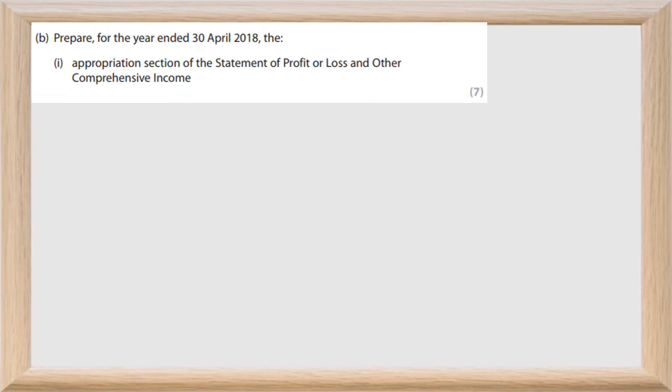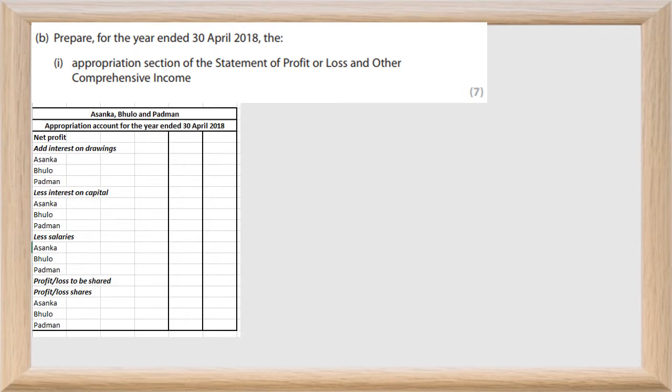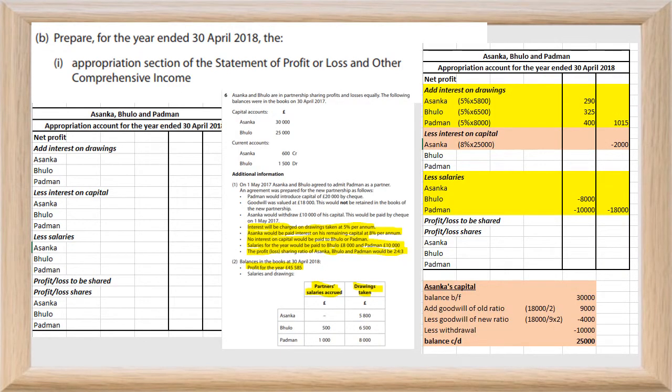Part 1 of B asks us to prepare the appropriation section of the SOCI for the year ended 30th April 2018. First, start with the format. In this case, any payments from the partner to the business are added, and vice versa. Now start entering the information. It is easy if you make a note of the information you need from the question. First, interest on drawings will be 5% of the drawings figure given in information 2.